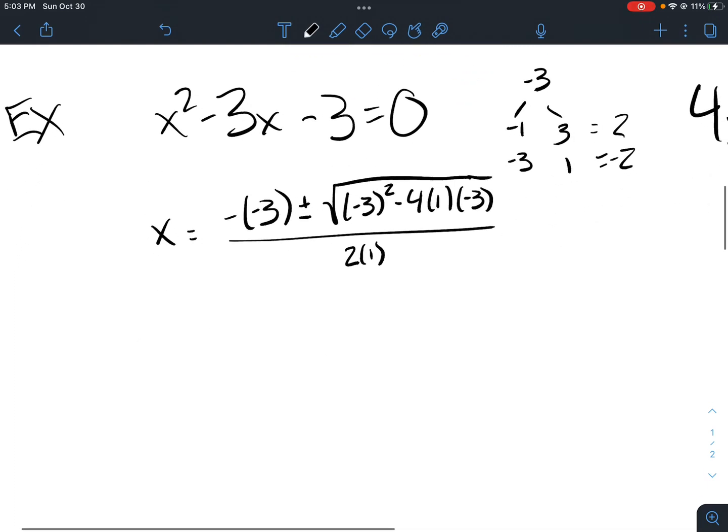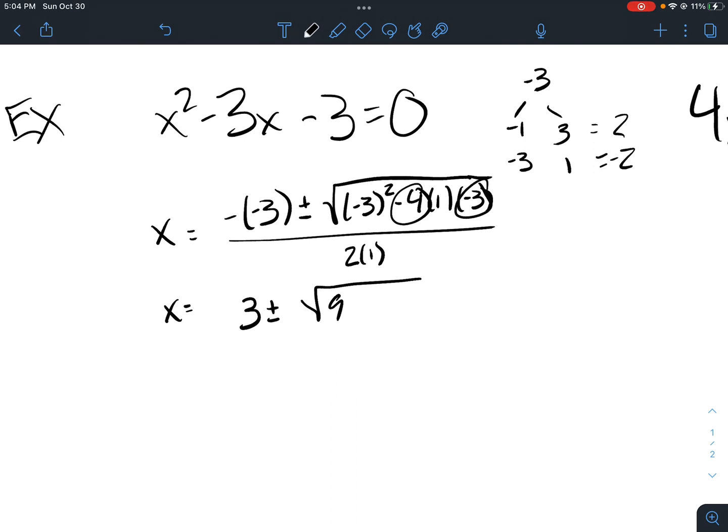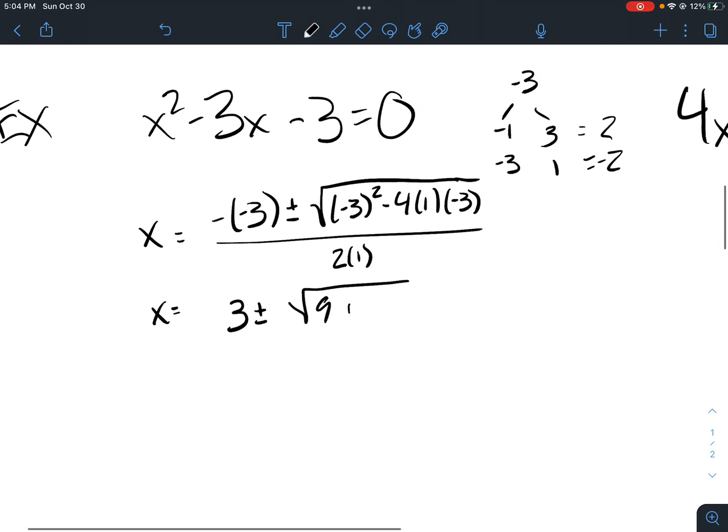So remember, this is going to equal x. So we have x is equal to 3 plus or minus the square root of 9, and we got negative 4 and negative 3. 3 times 4 is 12, and this is going to be over 2.